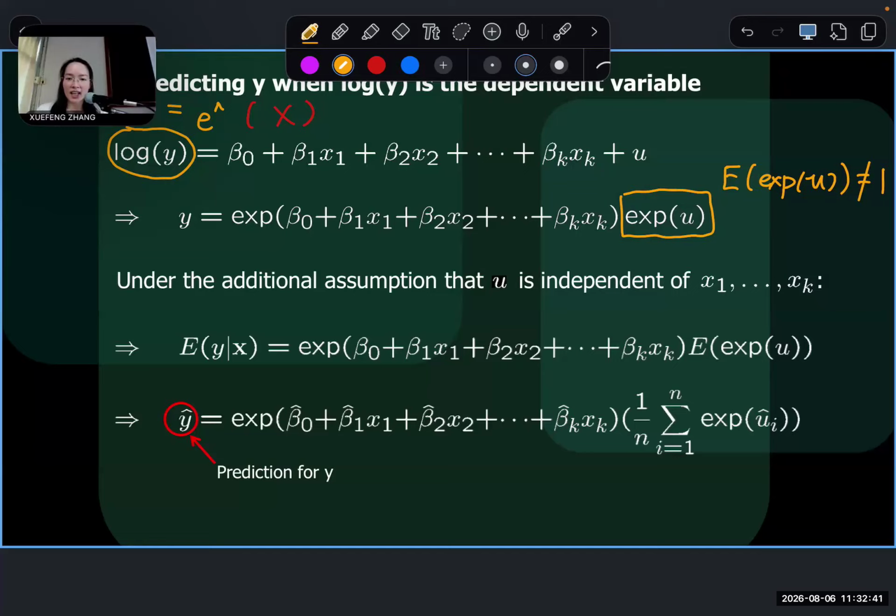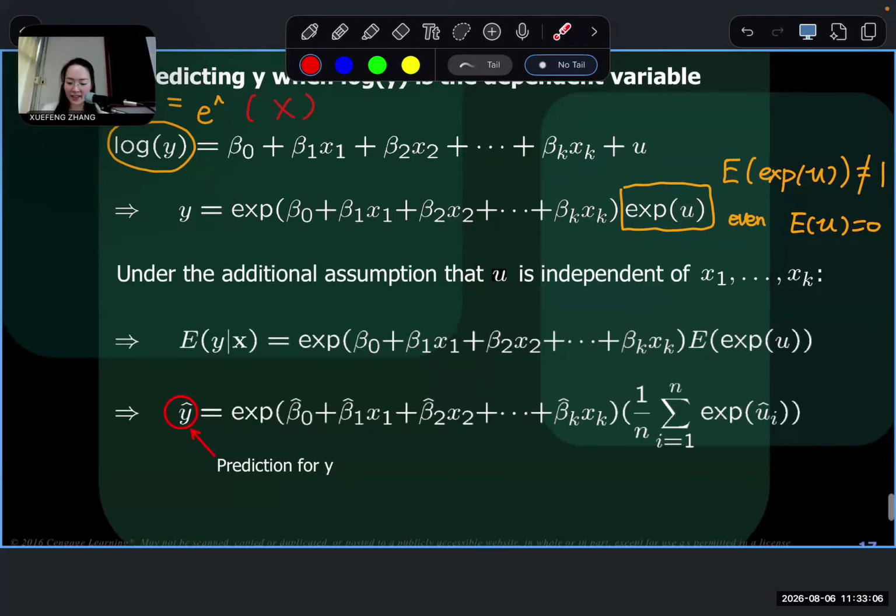Even though expected mu equals 0, expected exponential of mu doesn't equal 1. Okay? Because exponentiating is nonlinear, so this matters.